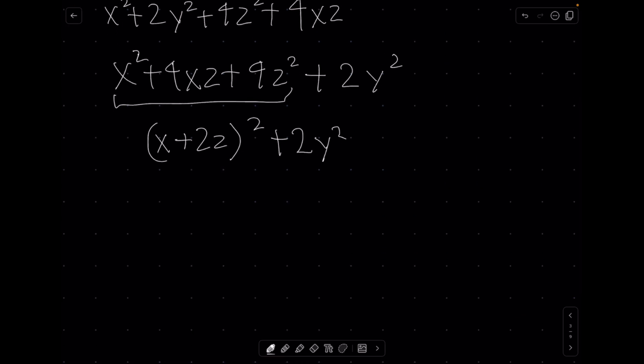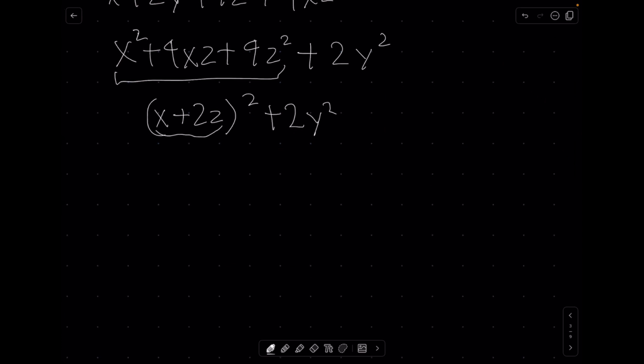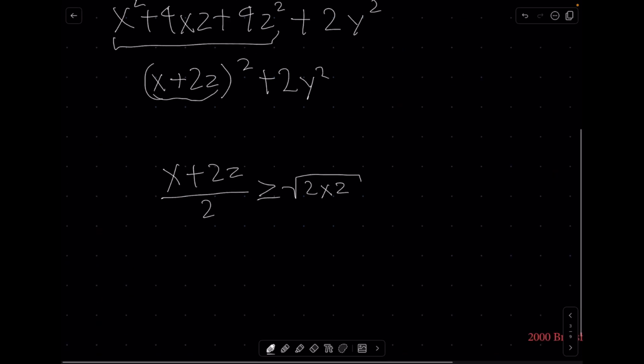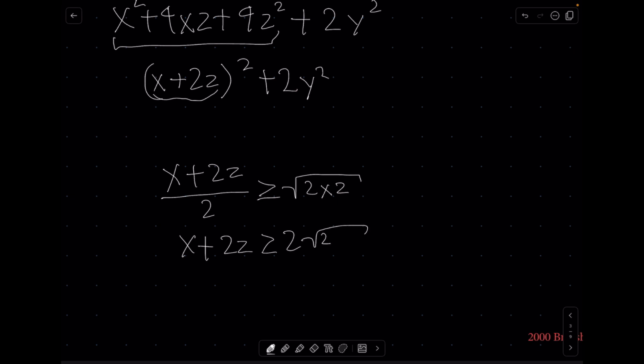And here we can use AM-GM on this. So we're going to get that x plus 2z over 2 is greater than or equal to the square root of 2xz, and we multiply by 2. So x plus 2z is greater than or equal to 2 times the square root of 2xz. And we can substitute this back in.